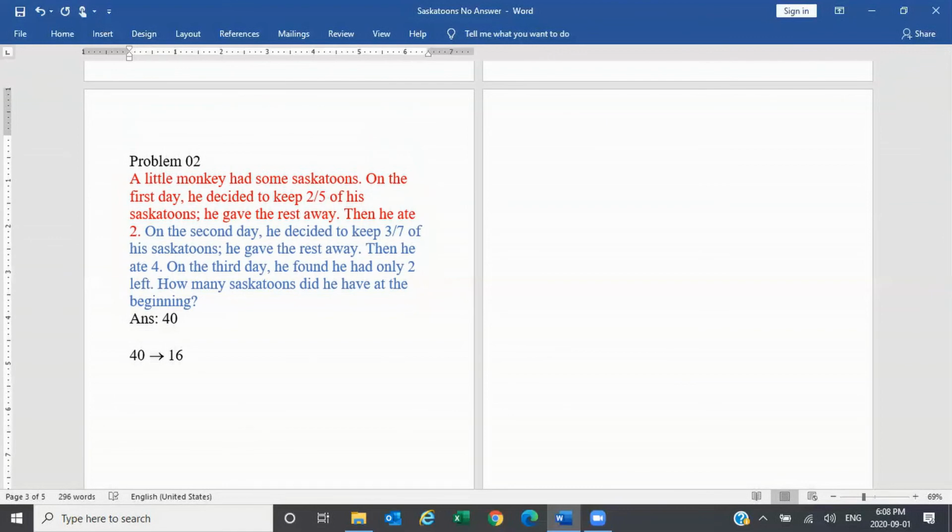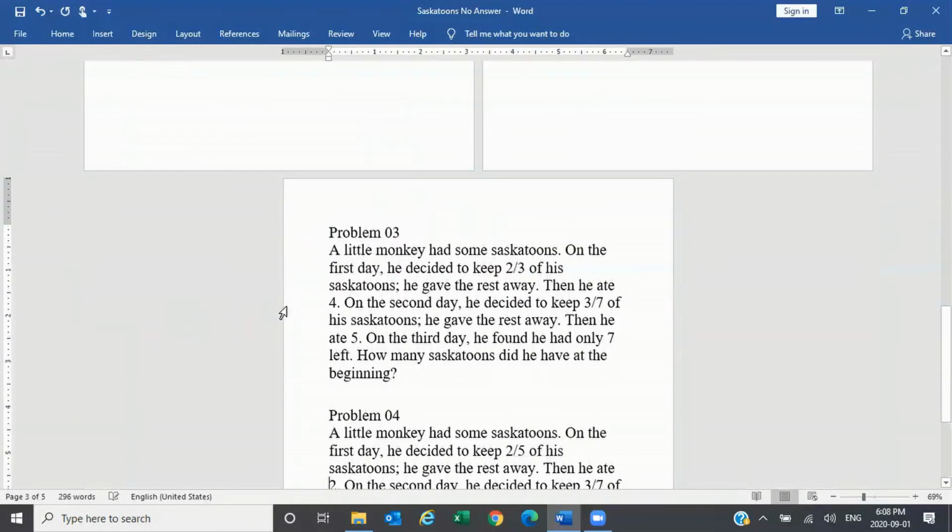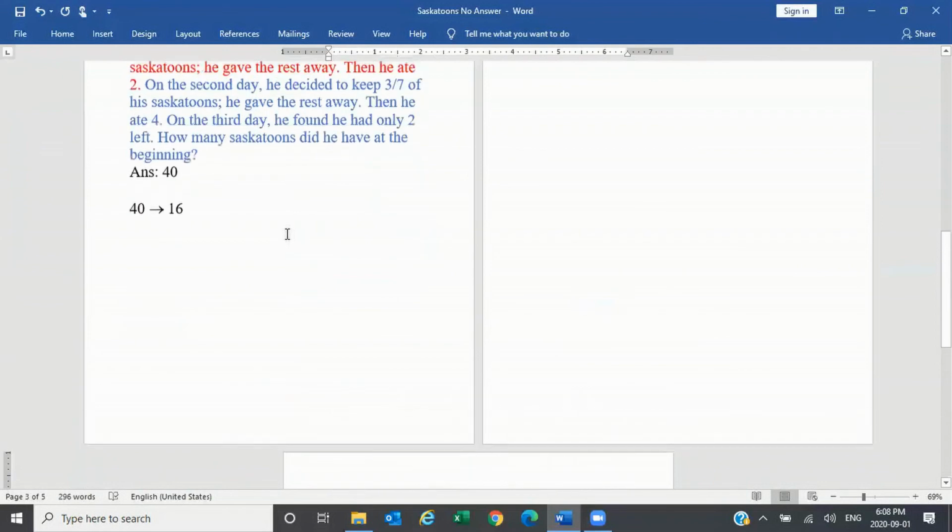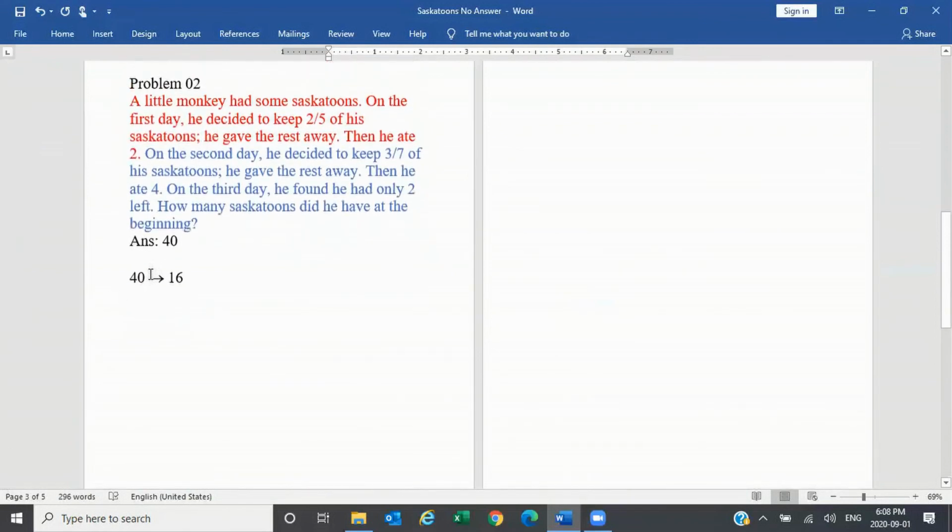So we have 16. Then he ate 2, so we're going to put in another arrow. I'm not going to go to insert, I'm just going to copy it. Control C. There we go, there's our arrow. So he had 16, then he ate 2, so now he has 14.